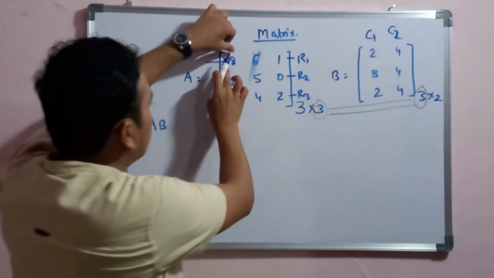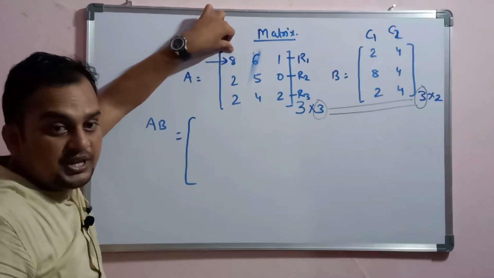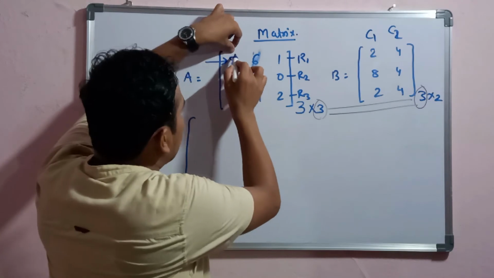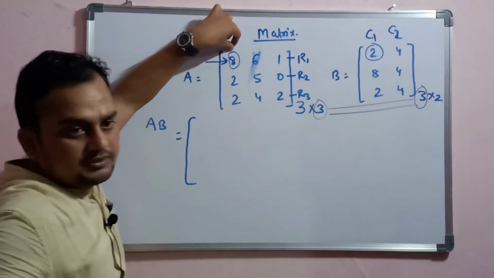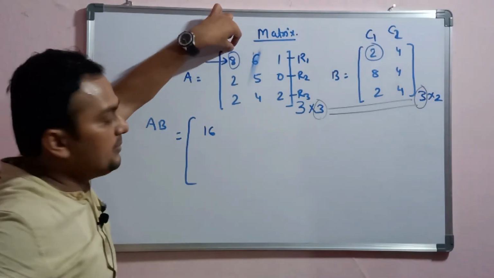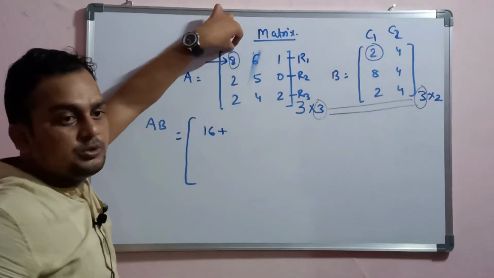So the first row, we will take that first row, AB. We are multiplying for AB, not BA, AB. So the first element of the first row, 8, we will multiply with the first element. 8 into 2, 16, and between these we will use a plus sign.